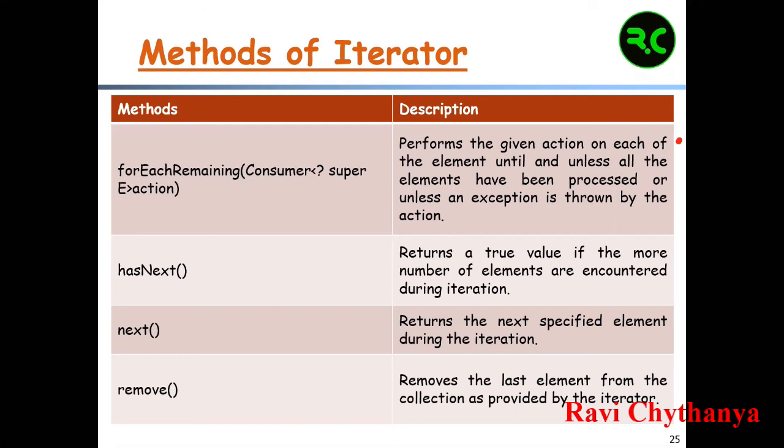Okay, and hasNext is going to find out whether there is an element in the collection or not, and next returns the next element during the iteration, and remove removes the last element from the collection as provided by the iterator. So we can have hasNext, and we can remove the element from the collection directly. Okay, so this is about the iterator.